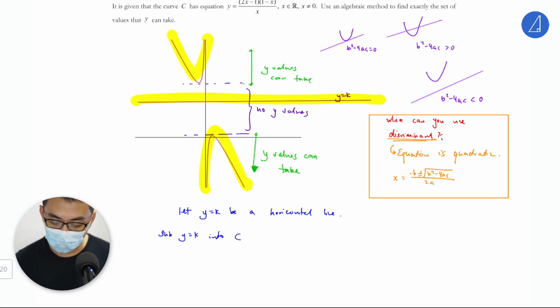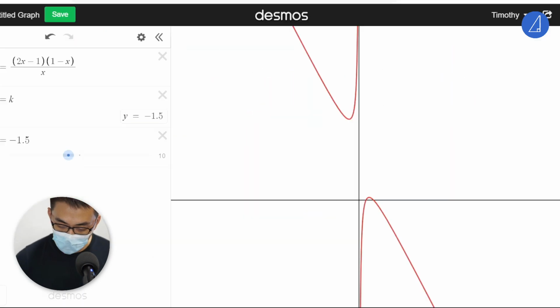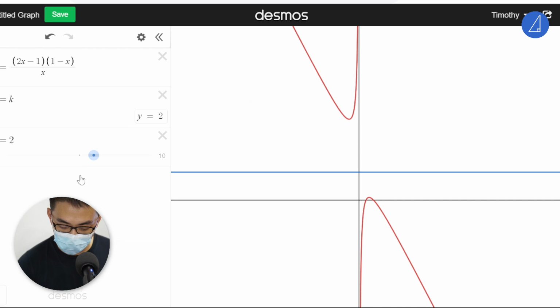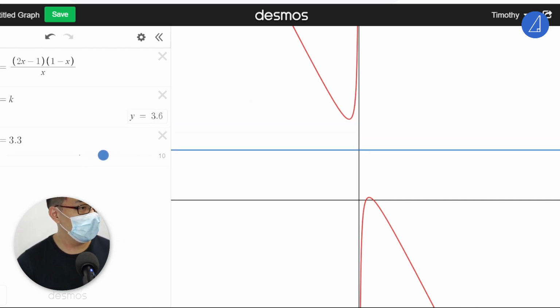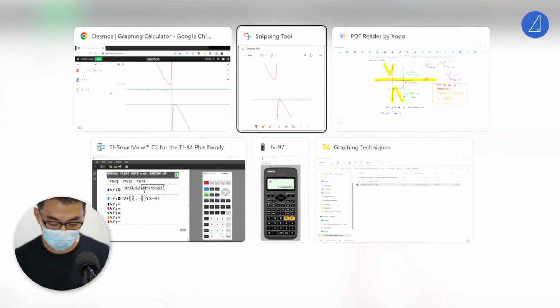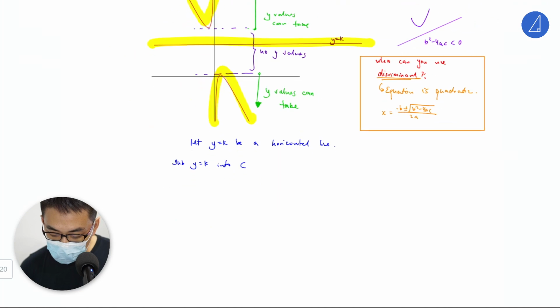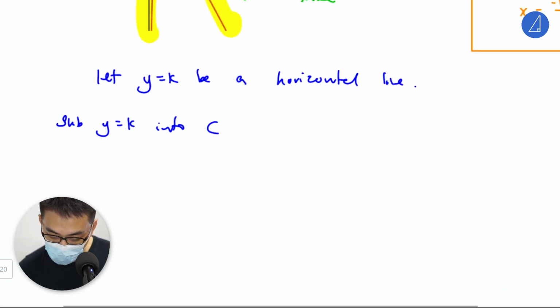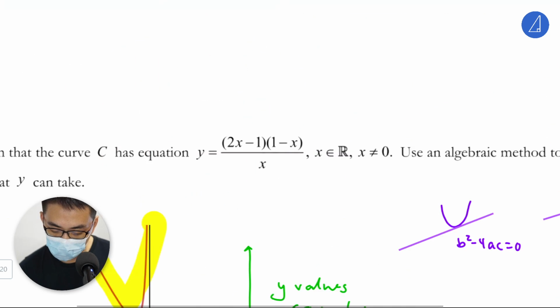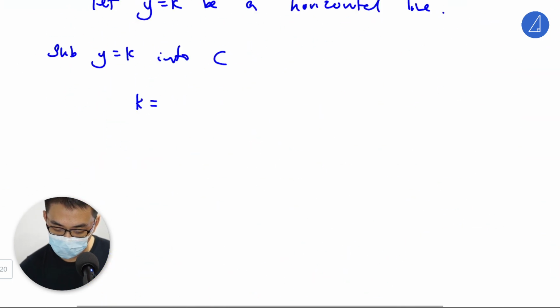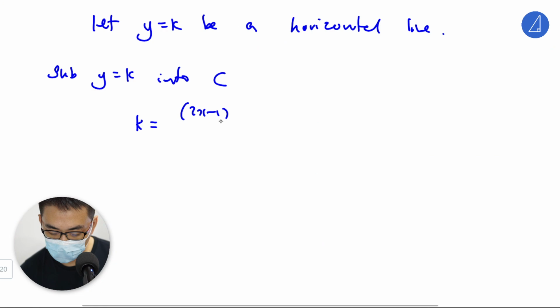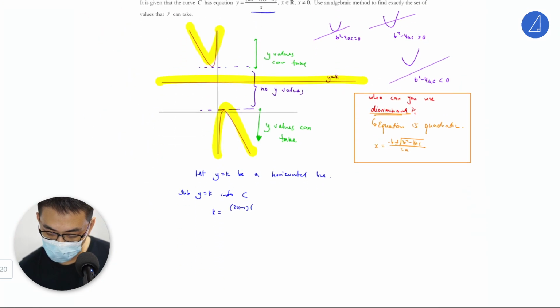So you imagine what we are doing is we are varying our k so that we just nicely touch the curve. We're actually just doing that. Then from here, I'm gonna just sub into c, then that will be k equals to 2x minus 1 over 1 minus x.